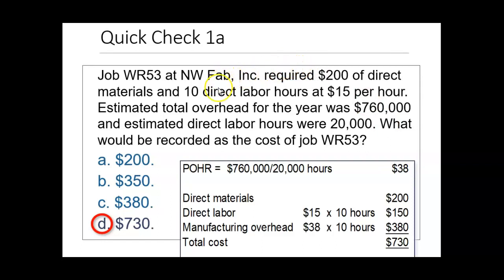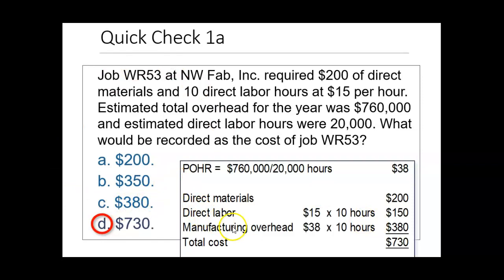Now this job requires 10 direct labor hours. So to assign the overhead cost, you will take the 10 direct labor hours times the rate of $38 per hour, gives a total cost of $380. Your total cost consists of your material cost, labor cost, and the overhead cost assigned to each individual job.